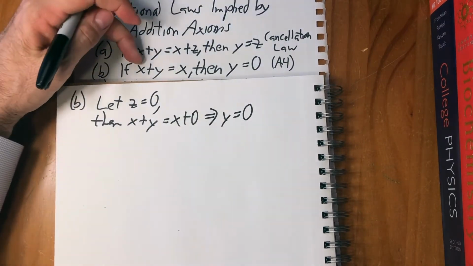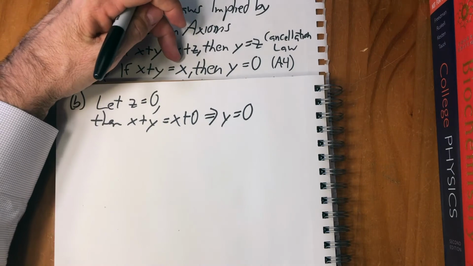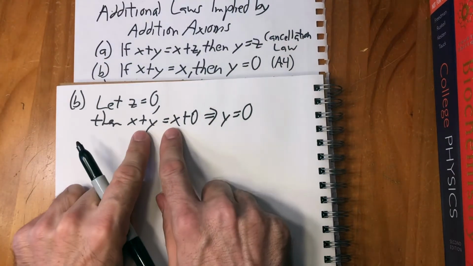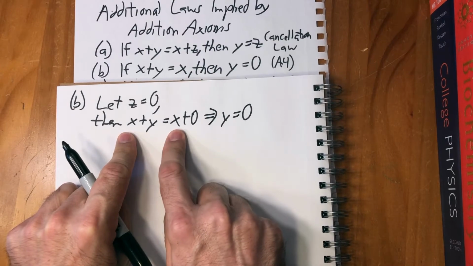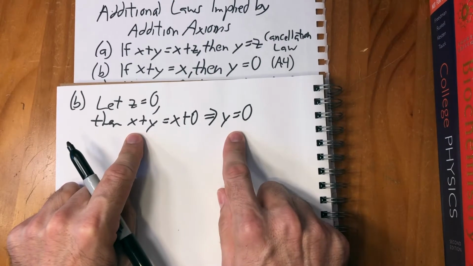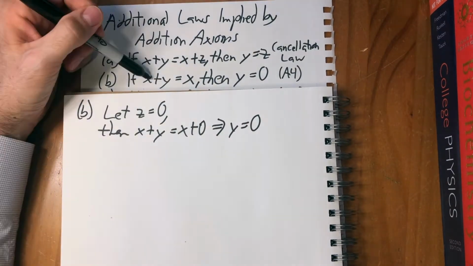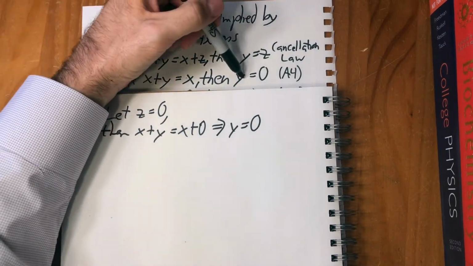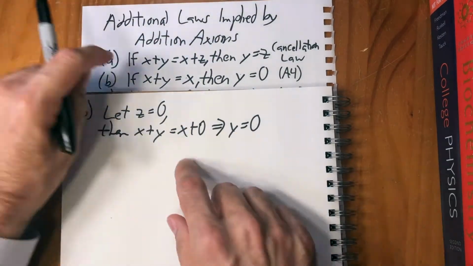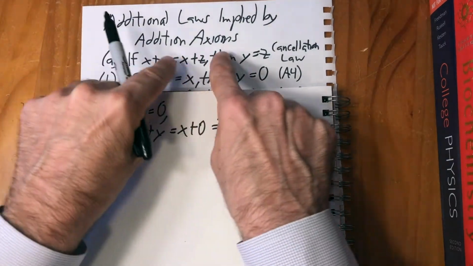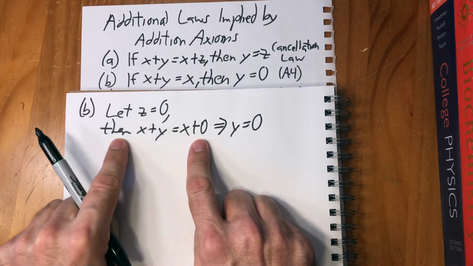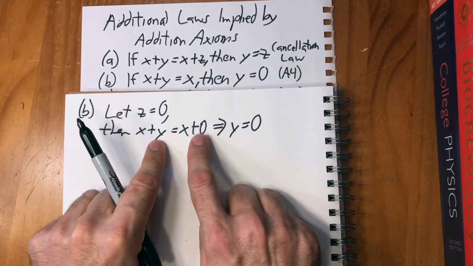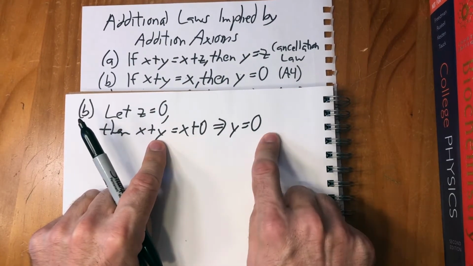So we're trying to prove that x plus y equals x shows that y equals 0. Did that make sense? We're just going to use A. So we have x plus y equals x plus z, and rule A shows then that y has to be the z, which is 0. Okay.